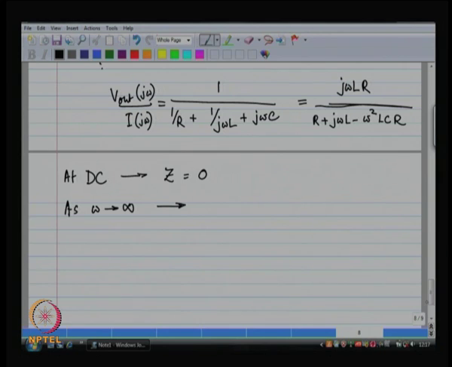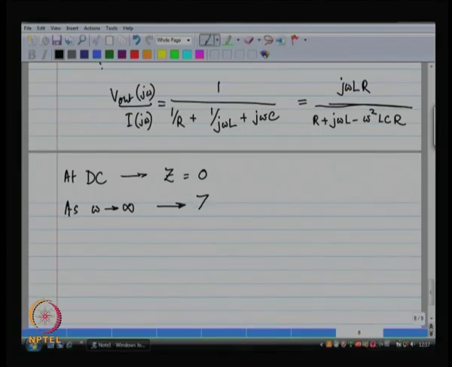So, I plug omega tends to infinity into this expression, and the numerator is infinity, the denominator is R plus infinity plus minus infinity squared. So, in the numerator I have omega, in the denominator I have omega squared. So, net is 1 by omega. So, as omega tends to infinity, 1 by omega tends to 0, which means that Z is equal to 0. Okay. So, these are your 2 sanity checks.